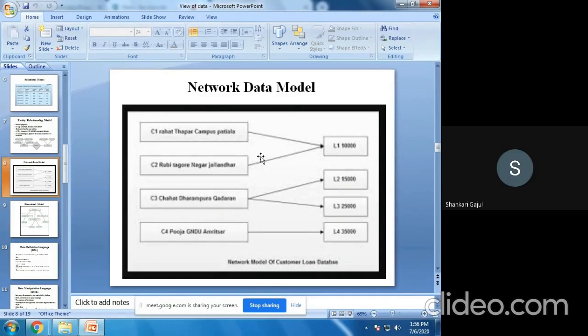In a network data model, the data is a collection of records, and the relationship between these records or objects is represented by a simple link or pointer. So this is the network data model.